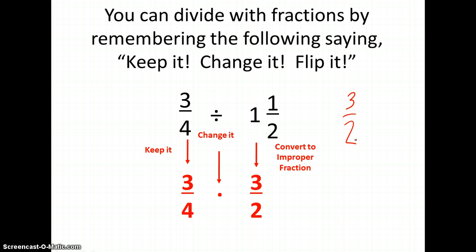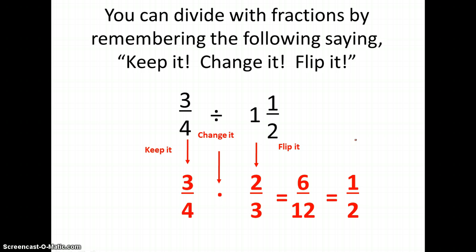After I convert to an improper fraction, I get 3/2, but then I need to flip it: 2/3. And then I can multiply straight across as I normally do, or simplify first. 6/12 is what I would get if I multiplied straight across, which simplifies to 1/2.